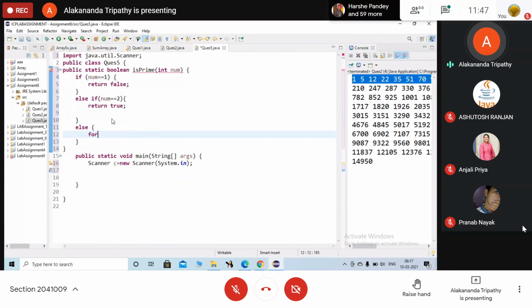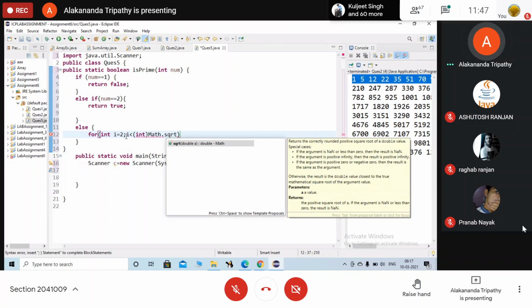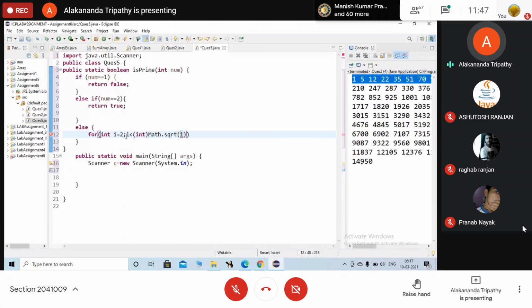we are going to use a for loop. int i equals to हम लोग सेट कर देंगे. You start it from 2 to less than, typecast here int Math.sqrt, value here will be number, and i++.